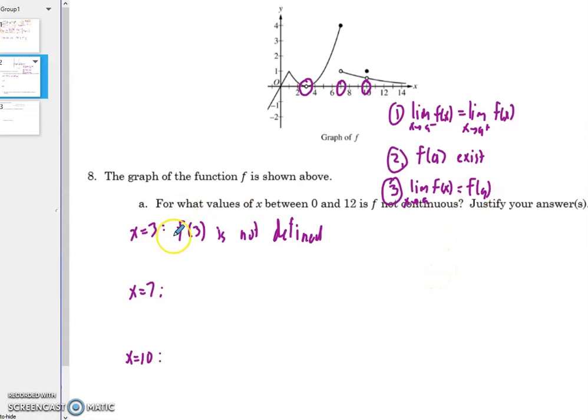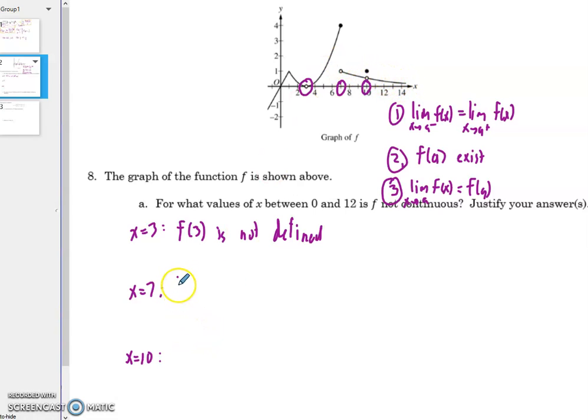So this x equals 3 fails this second one, right? There's no f of A. There's no bridge. And if you look at x equals 7, when you come from the left, the y value is 4, but when you come from the right, the y value looks like 1.